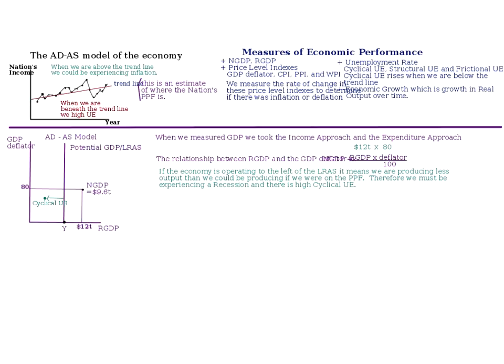Well, what if we have, let's say we're over here to the right of the PPF. Not the PPF, but we're at the right of our potential GDP. Now, if the LRAS represents our PPF, how can we be over there in the first place?